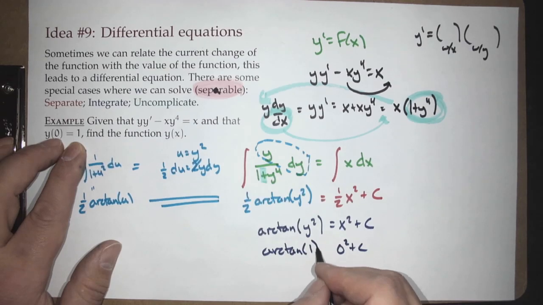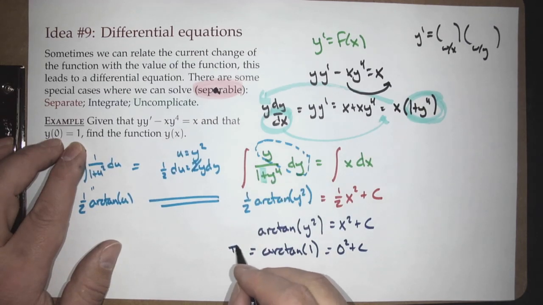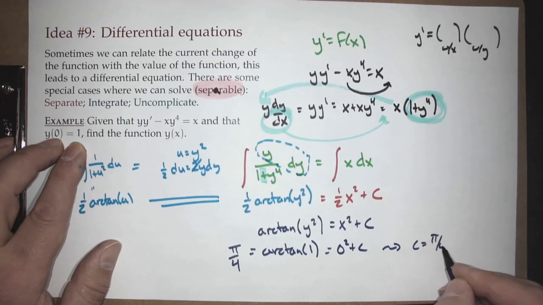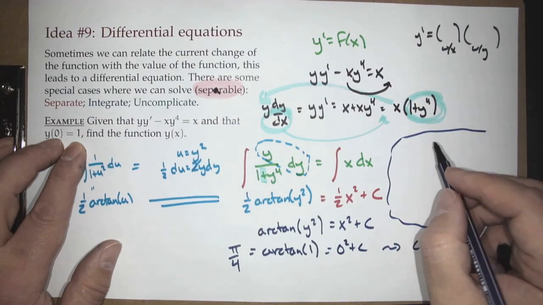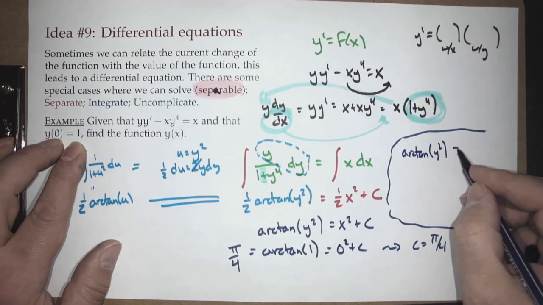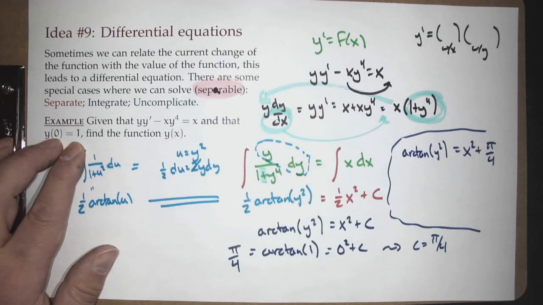Do we know what arctangent of 1 is? What? Pi over 4, yes! Nice! So we're like, hey, that says c is pi over 4. Okay, so we're almost there. So we have arctangent of y squared equals x squared plus pi over 4. We're not quite there. We need to start freeing the y. So what's our first thing to free the y?